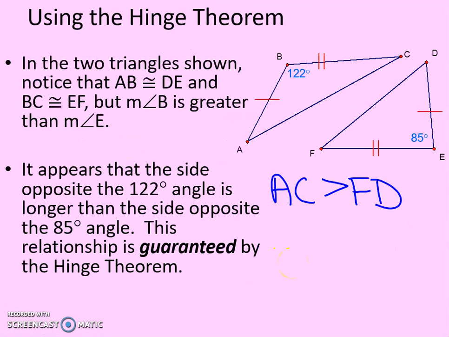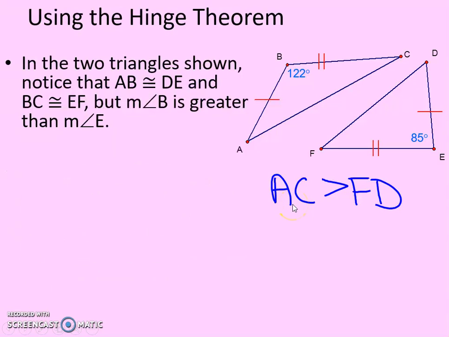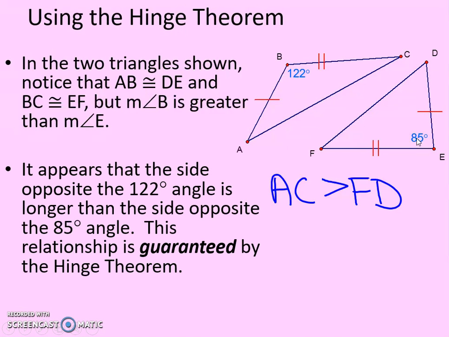So let's use the hinge theorem. In the two triangles shown, notice that AB is congruent to DE. So how do I know? Look at the mark. There's only one mark there. And then BC is congruent to EF. But angle B is greater than angle E. So what can we conclude?